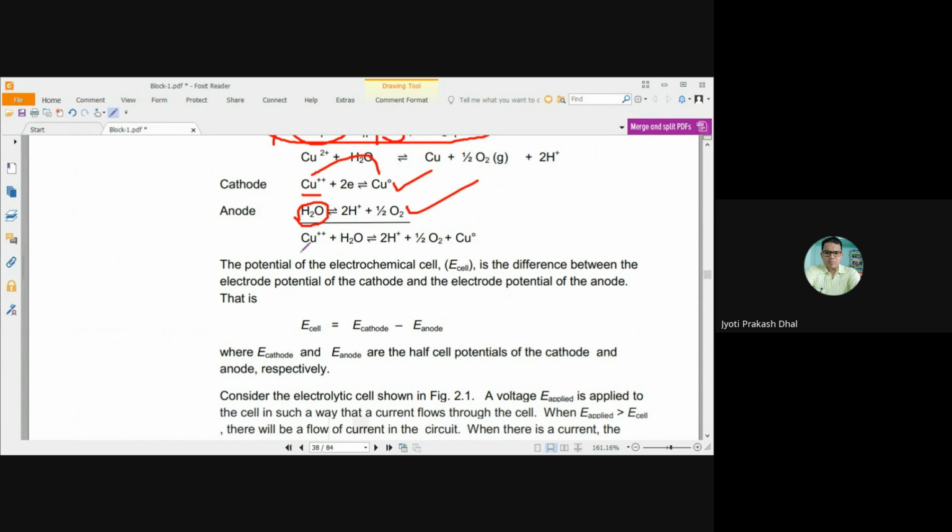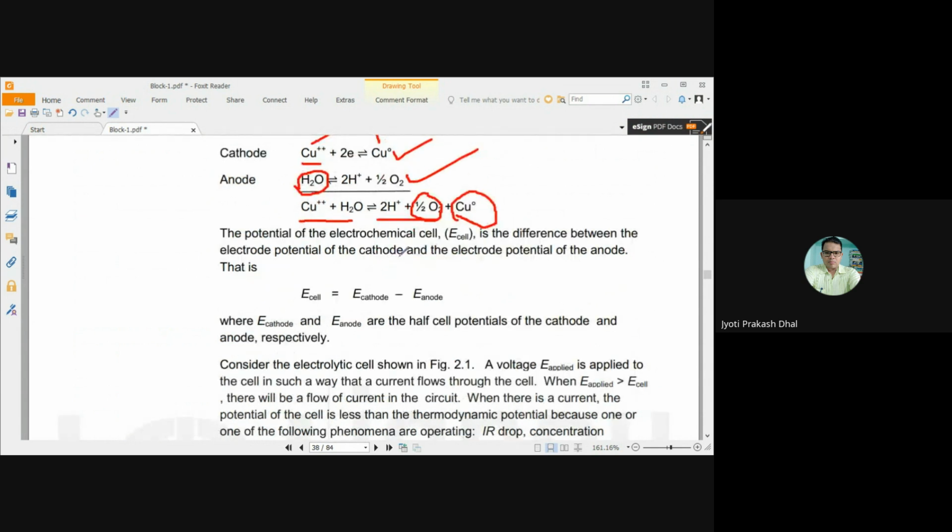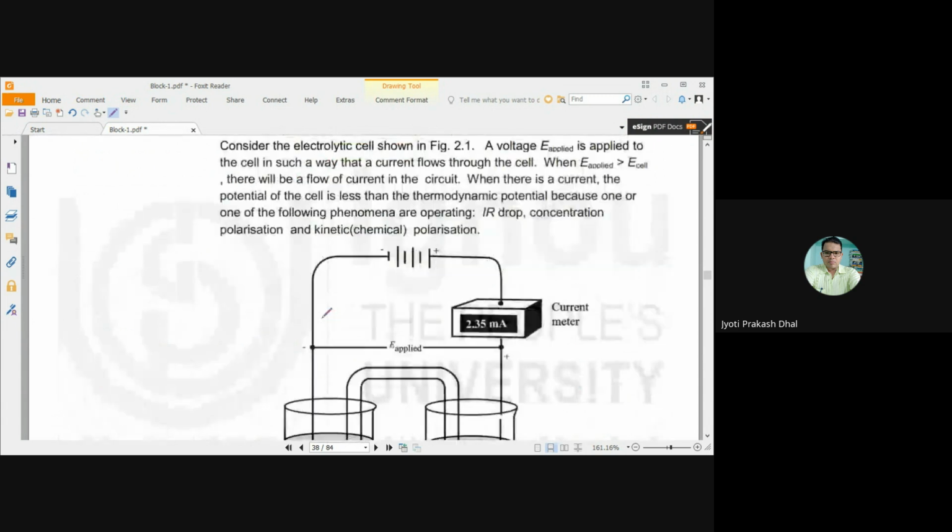The overall cell reaction is: copper 2 plus plus water gives 2H plus plus half oxygen and copper 0, that is metallic copper. So the metallic copper is deposited on the cathode while oxygen gas is liberated at the anode. The potential of the electrochemical cell is E cell equals E cathode minus E anode.